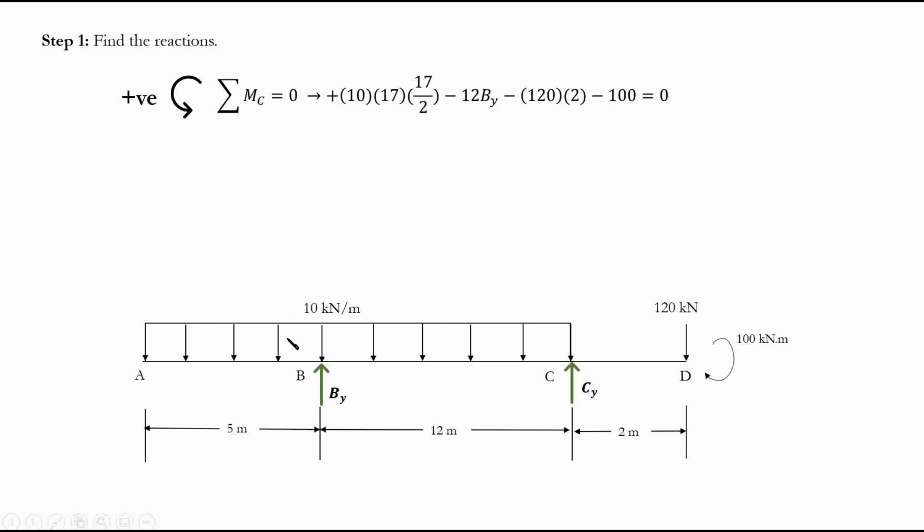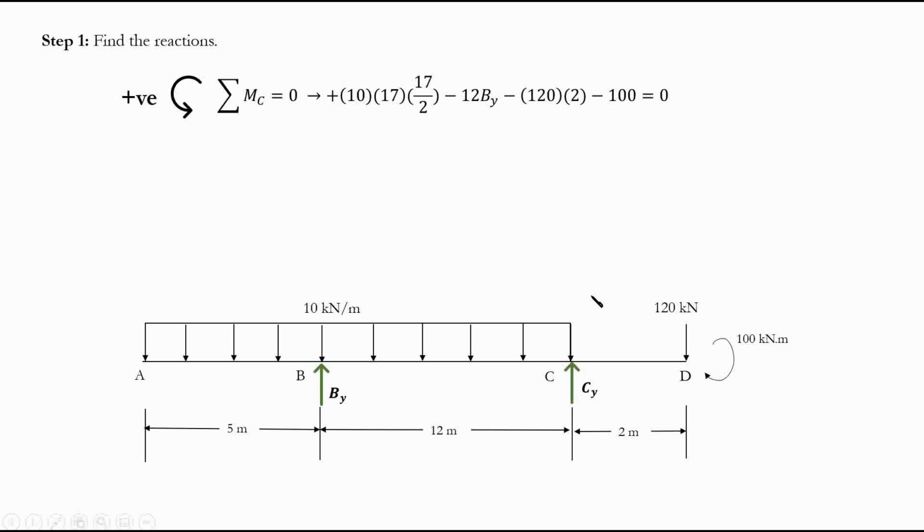I accounted for the distributed load. The moment from Cy is 0, and that's the reason we take the moment about point B or C. Then I have another load here: 120 multiplied by 2, and because it creates a clockwise moment about point C, I put a negative sign.